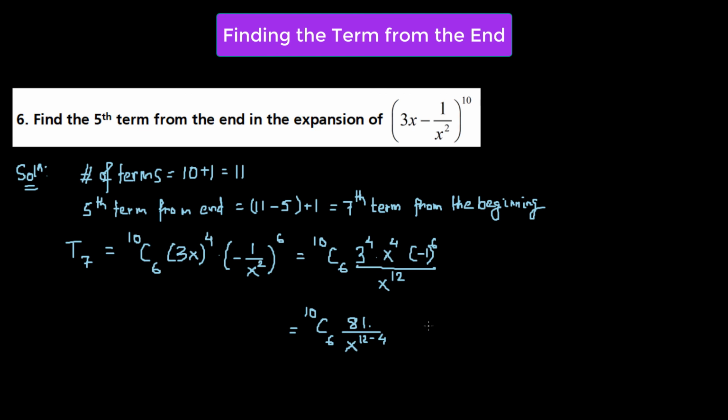Then we find the value of 10C6 using a calculator, which gives us 210 times 81 divided by x raised to the power of 12 minus 4, which is 8, which is equal to 17,010 divided by x raised to the power of 8. So that is the answer.